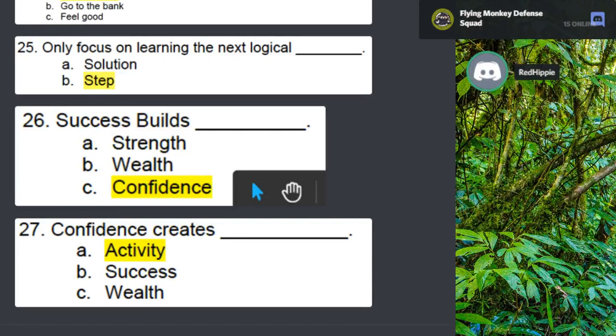So when you have confidence and when you're focused on your goal and you're doing your strategizing and your planning and doing all the thinking, you're going to get really excited and want to do. Makes sense. Activity creates success. Well, yes, but it creates habits.